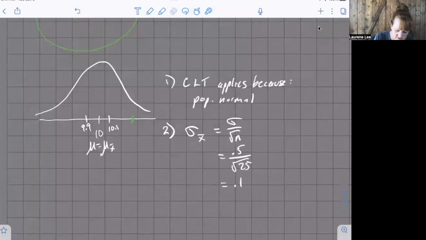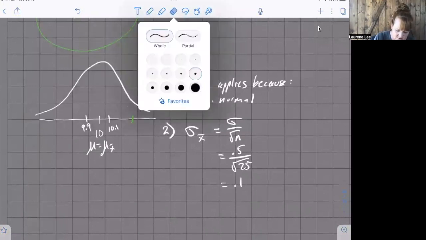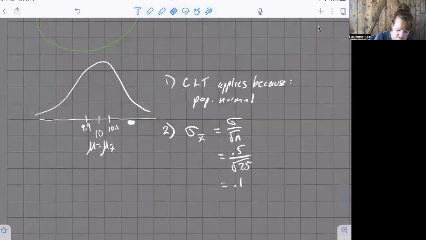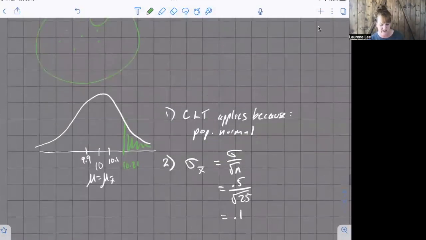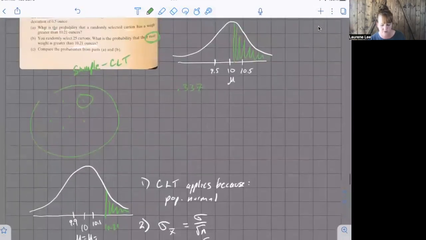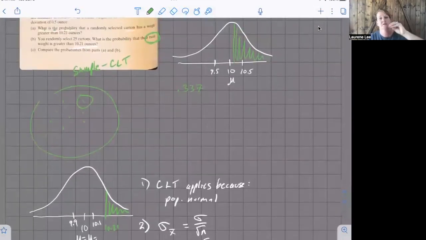Let's scoot it in a little bit. Okay, doesn't matter, but greater than or equal to 10.21. Okay, so as you can see, look at the difference between these graphs. What you're going to expect is the probability is going to be smaller, right? Because 10.21 now is more up into the tail because this thing shrunk down.